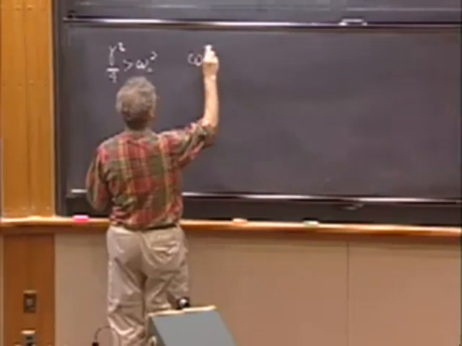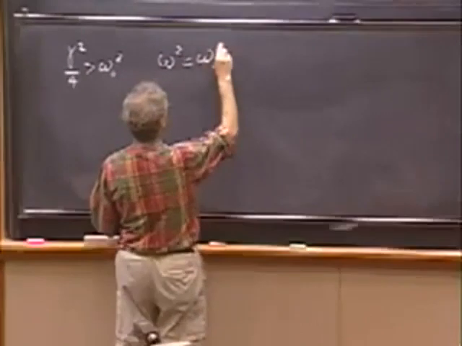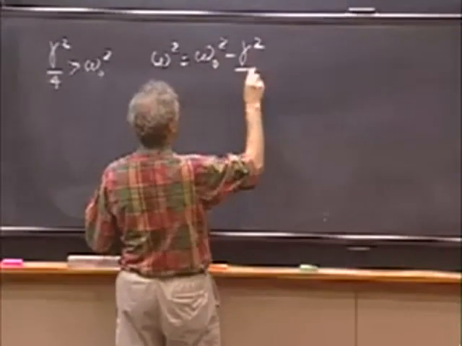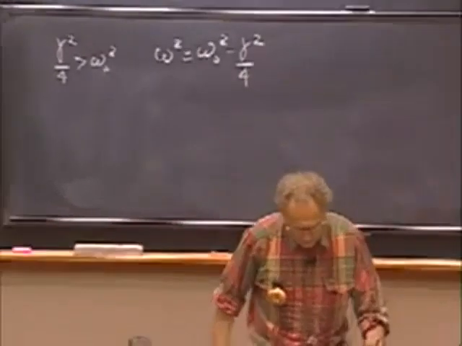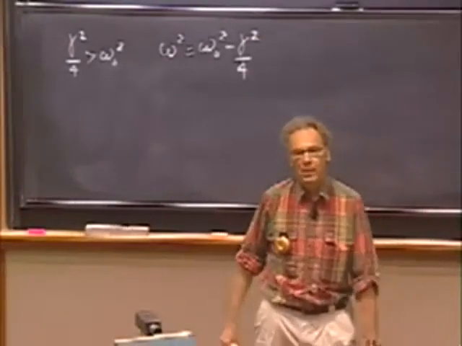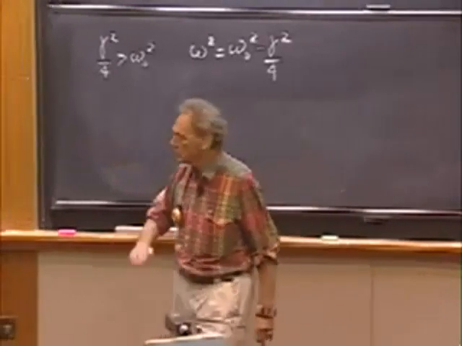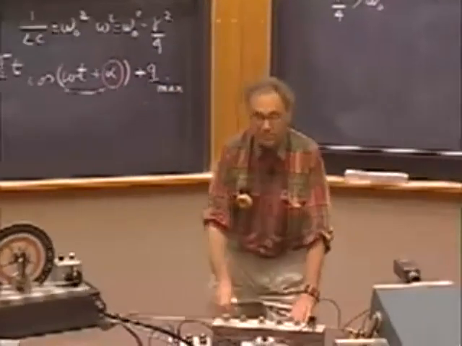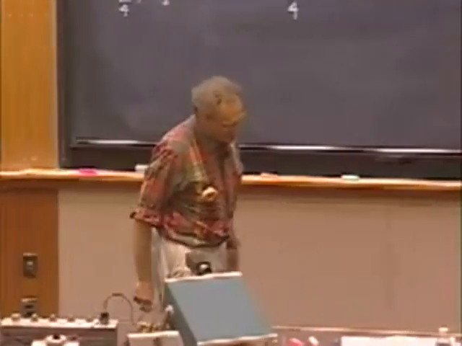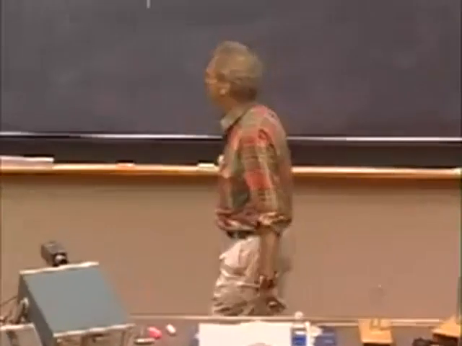So our solution, omega squared equals omega 0 squared minus gamma squared over 4, is utter nonsense, because omega would then be imaginary. So now we have to go back to our original differential equation and find a new solution.